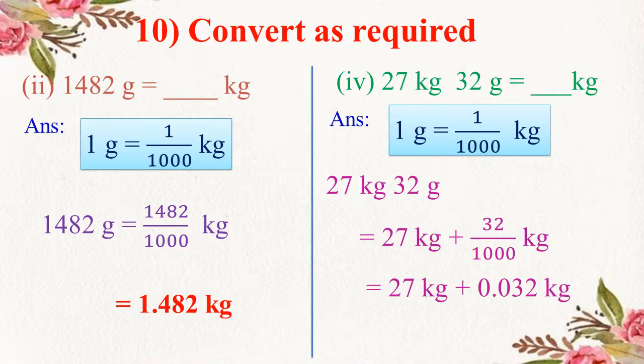Next, 27 kilogram plus 32 by 1000 can be written as 27 kilogram plus 0.032 kilogram. Now, we shall add 27 kilogram and 0.032. So, we get 27.032 kilogram.